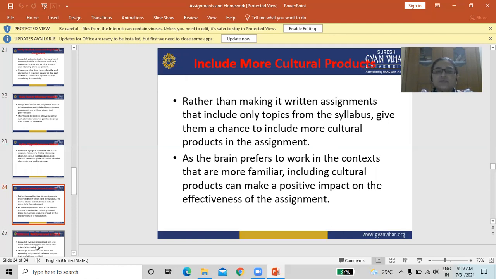As the brain prefers to work in contexts that are more familiar, including cultural products can make a positive impact on the effectiveness of the assignments.